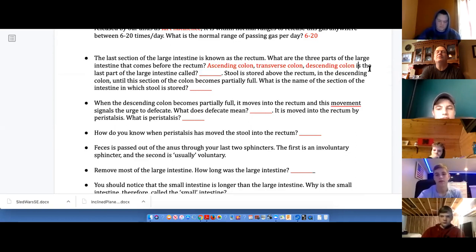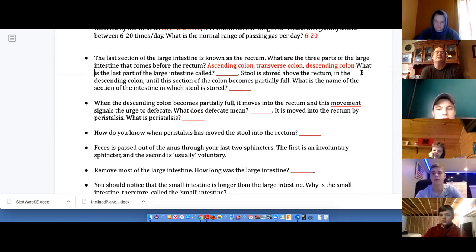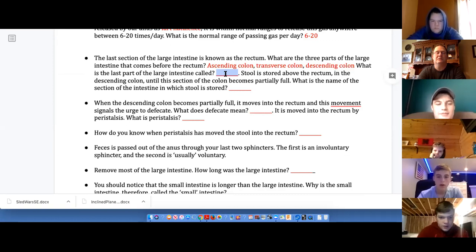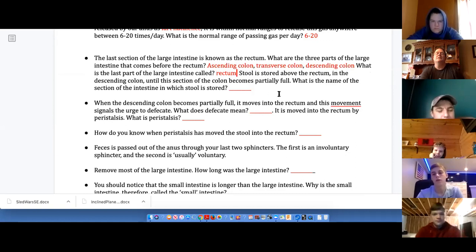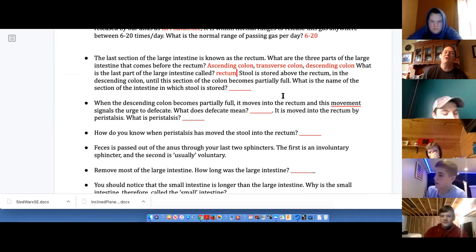Okay, what is the last part of the large intestine called? Is it the rectum? Rectum. Okay, stool or feces or poo or however you want to call it, it's actually not stored in our rectum.